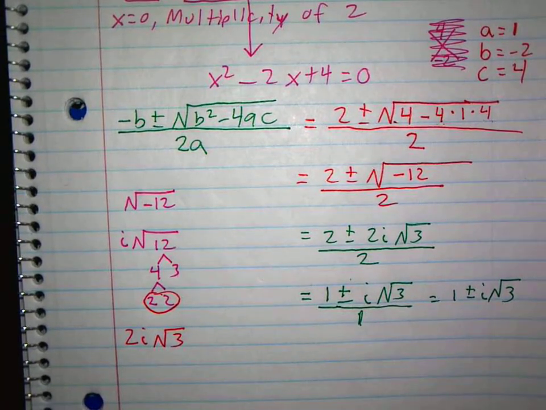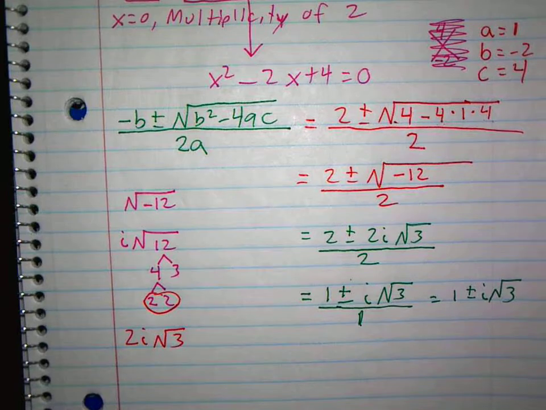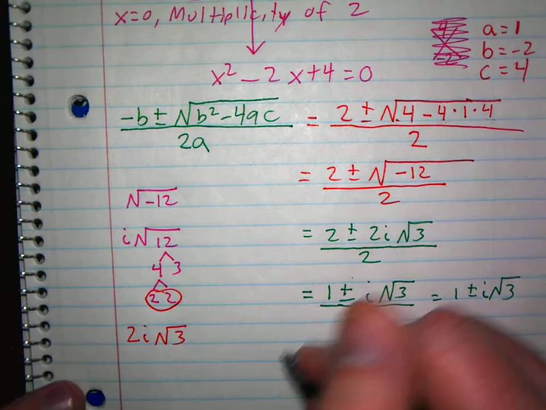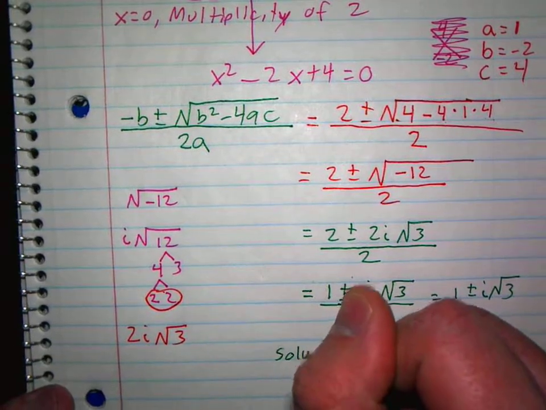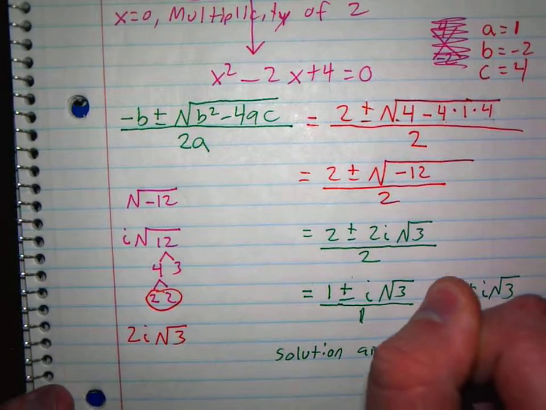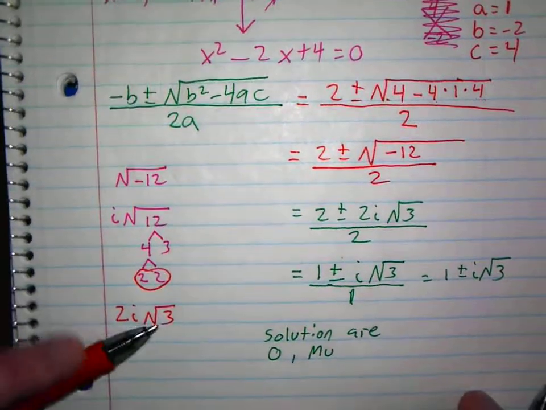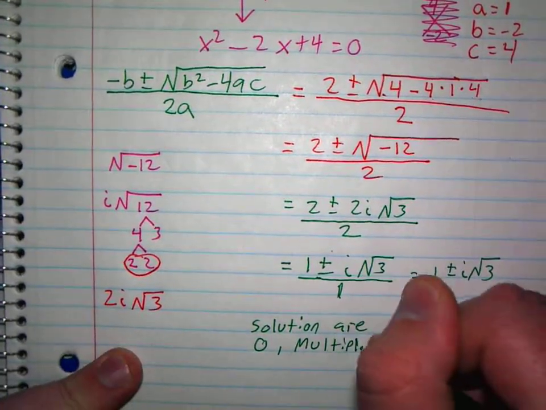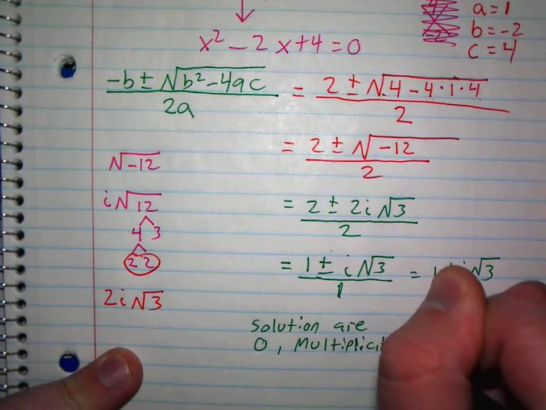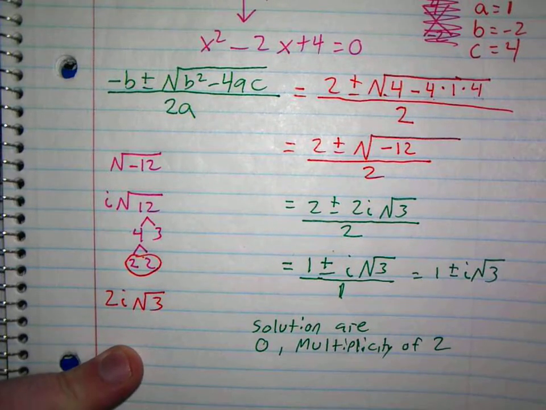1 plus i square root of 3. 1 minus i square root of 3. That makes 2 of my solutions. What were my other 2? 0 twice, right? So I probably should put somewhere on here, solutions are 0, multiplicity of 2, and at this point, if you just wrote 0 down twice, I'm happy.